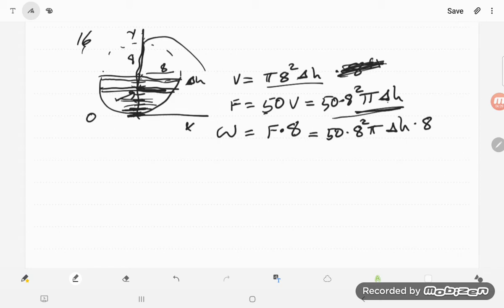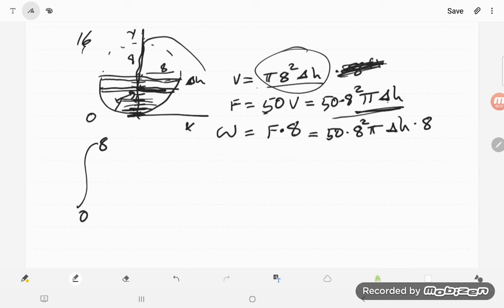And so at a given value of Y along the way, I know I'm going from 0 to 8. Okay, but then how far did I have to pump it and what was the force? Okay, so let's look at our volume first.